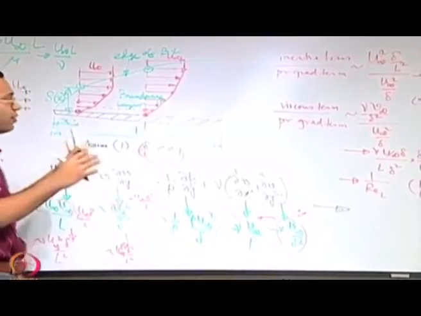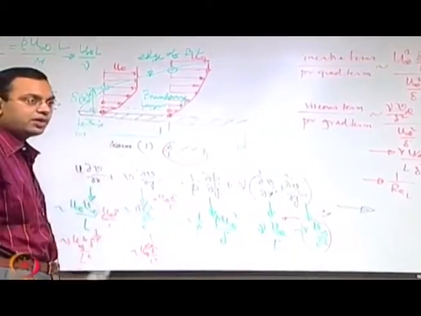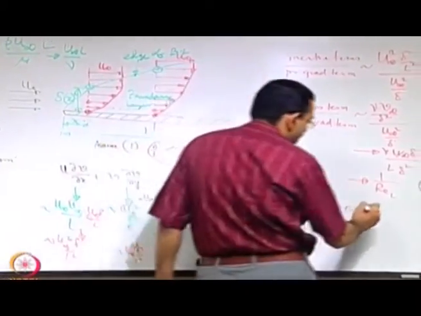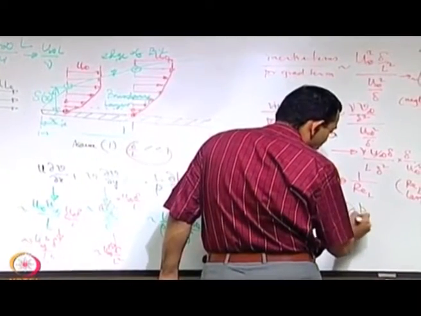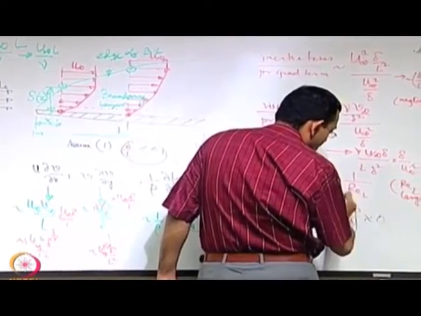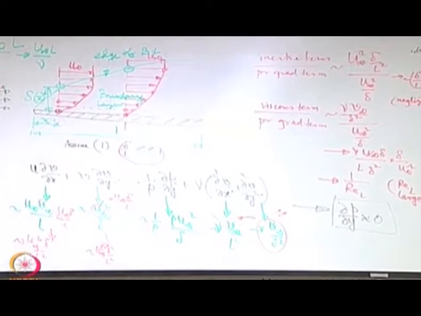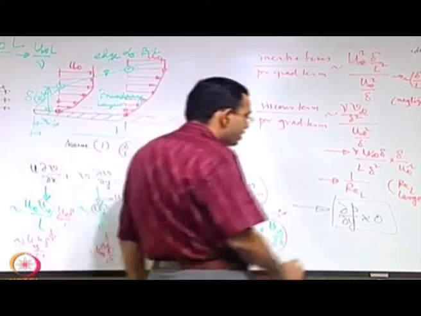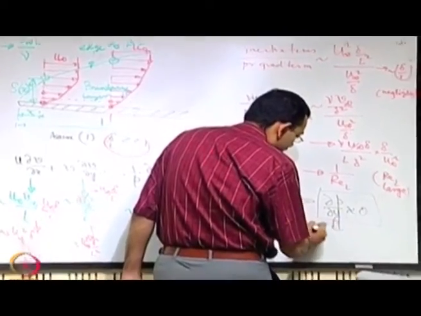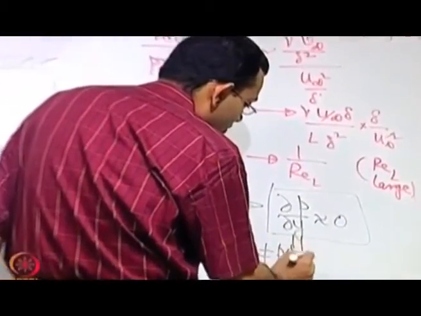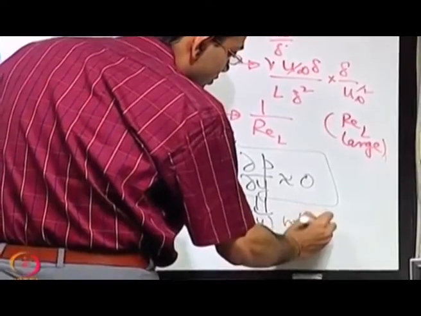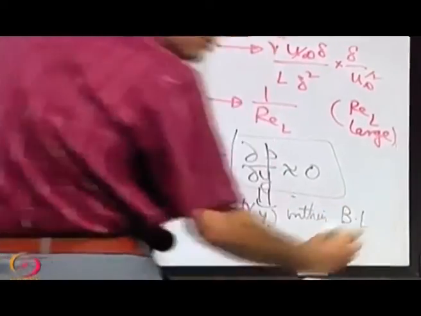So now as if our zoom or the focused attention is the boundary layer. So then that will give rise to this equal to 0, right, because all other terms are non-dominating, and therefore this gives rise to a very important conclusion. What is the important conclusion? Pressure is not a function of y within the boundary layer.